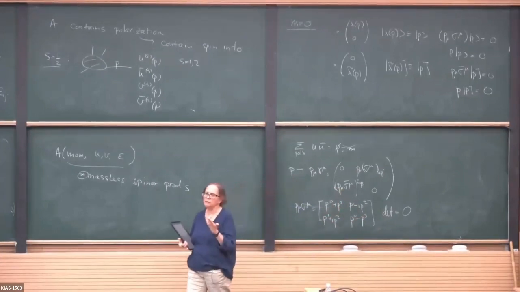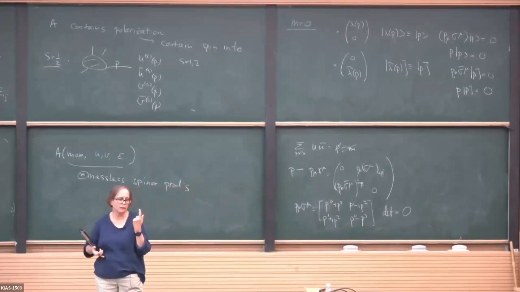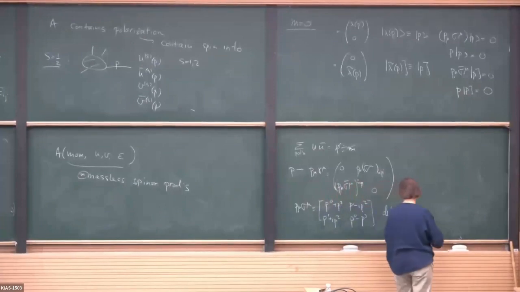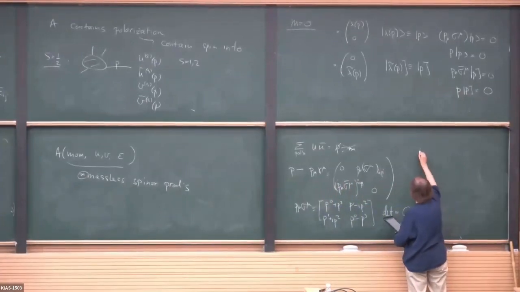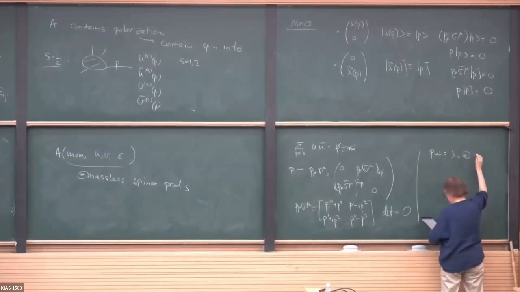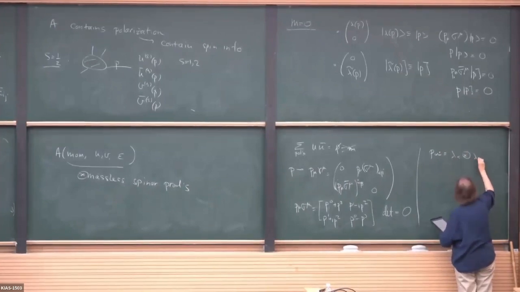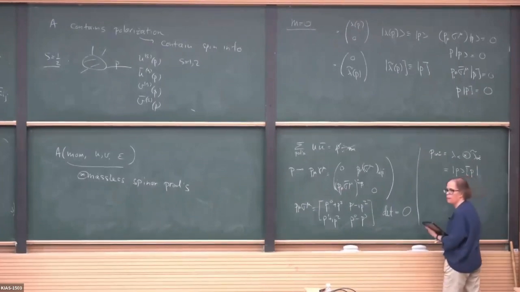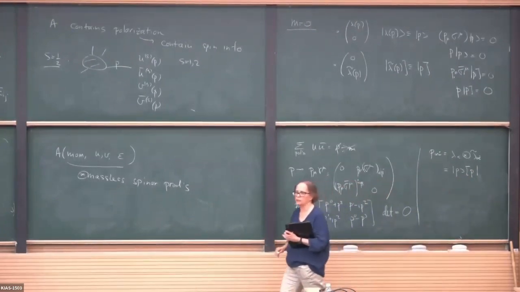So you can write it in terms of a single two-component spinor. We can write P alpha alpha dot as lambda alpha times lambda tilde alpha dot, or as P times P, using the notation that I introduced before.